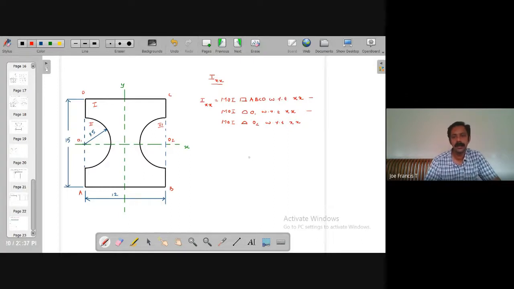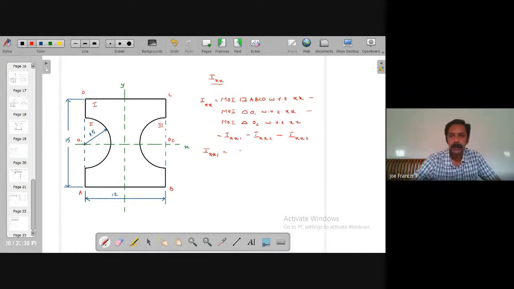So this is the case. In short, you can write it as Ixx1 minus Ixx2 minus Ixx3. We need to calculate one by one. Suppose we take Ixx1. Ixx1 is nothing but the moment of inertia of the rectangle with respect to its centroid, that we already know.